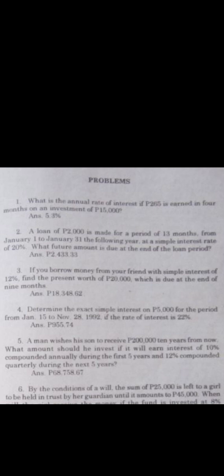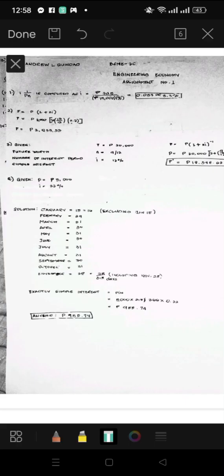The first step in finding the simple interest is to determine if it is a leap year or a normal year by dividing the year by 4. If the answer is a whole number, not a decimal, it is a leap year. So 1992 divided by 4 gives 498, which means it is a leap year.